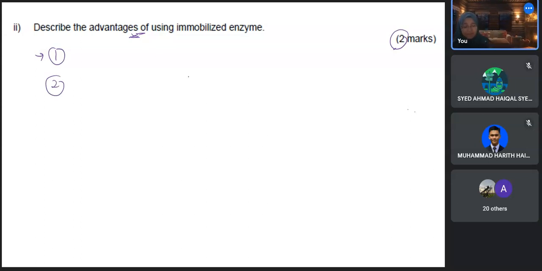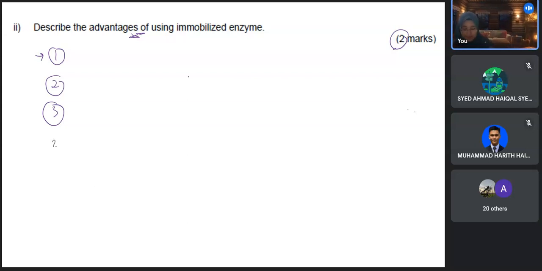And then another point that you can include, basically the purpose of using immobilized enzyme is so that you can easily separate the enzyme from the product. That is the purpose. Okay, so the product is not contaminated or mixed up with the enzyme. So that is another point. The enzyme does not contaminate the product, which is the lactose-free milk.